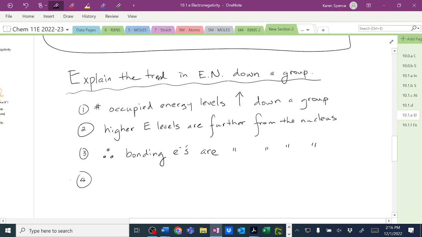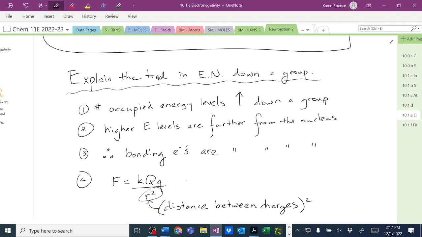What should we be talking about next if we're following this path? F equals kQ over r squared, where r is the distance between charges, squared.